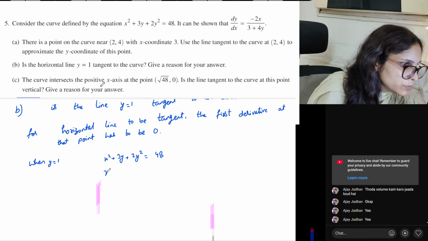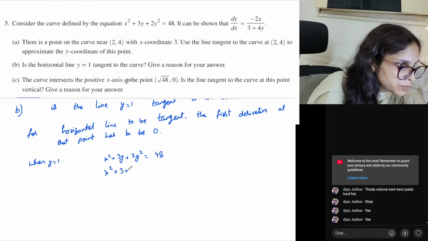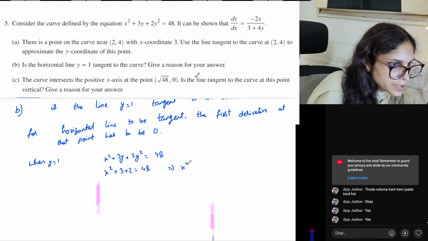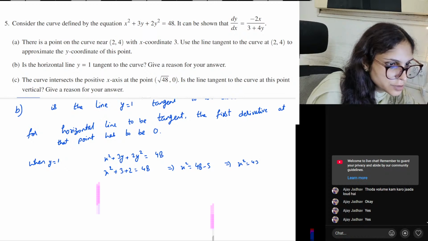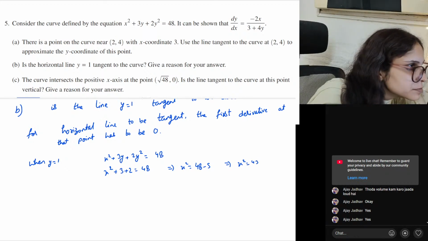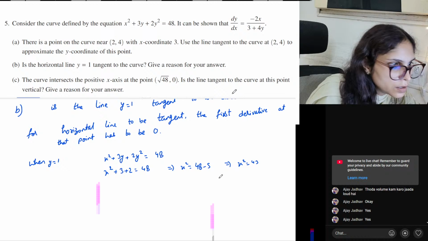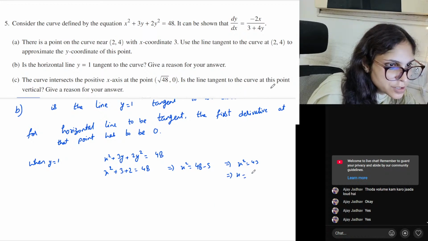So when y is equal to 1, x squared plus 3 plus 2 is equal to 48. x squared will be 48 minus 5. x squared is 43. And that means x can be plus or minus square root of 43.